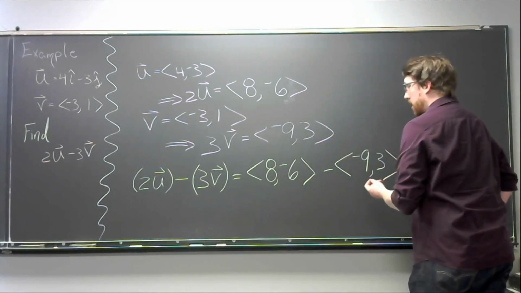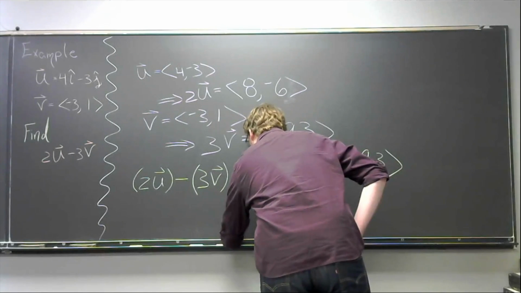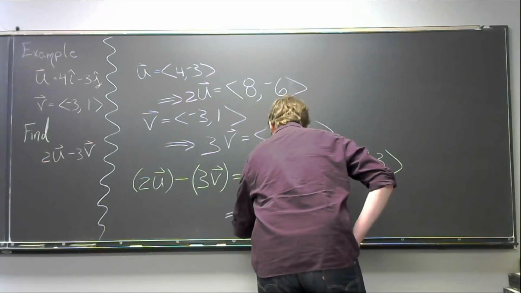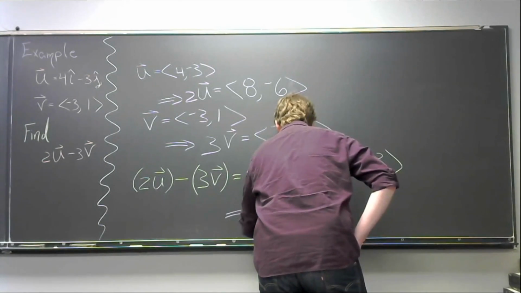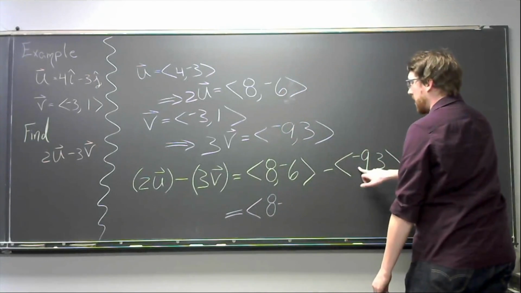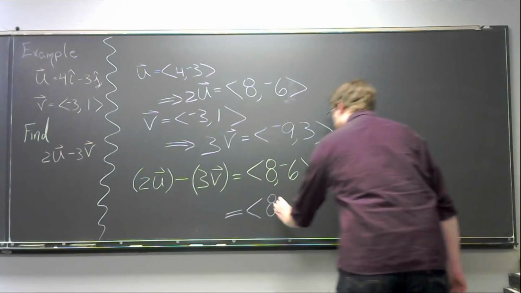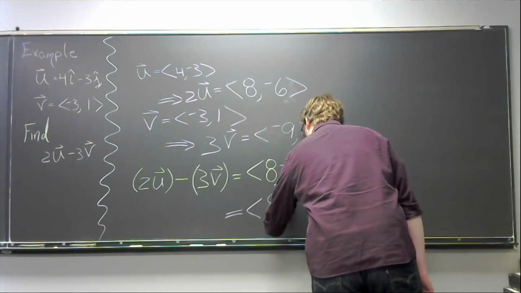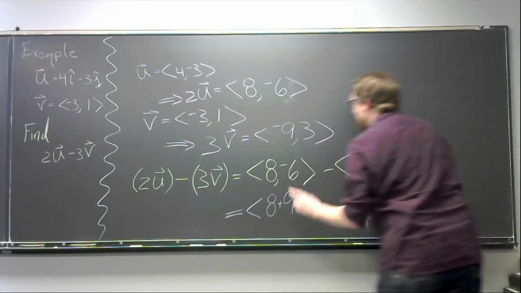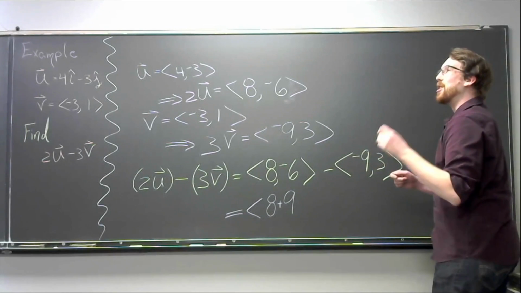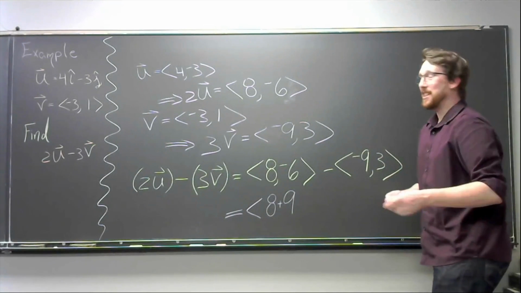So what we'll end up with is 8 minus -9. It's going to be the same thing as plus -9. My mistake. Minus -9 is going to be the same thing as plus 9. That's what I meant to say.